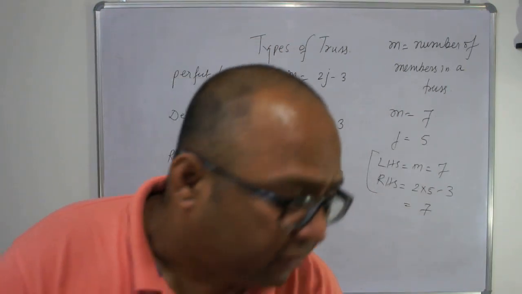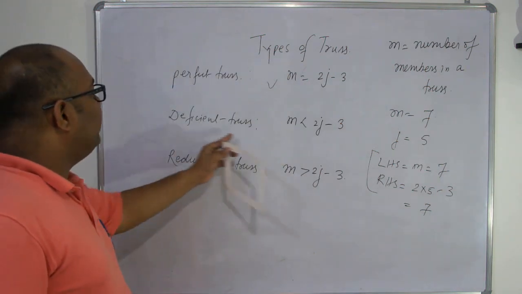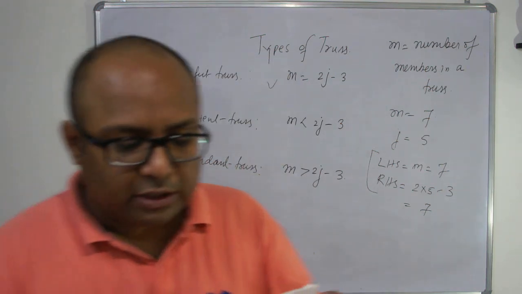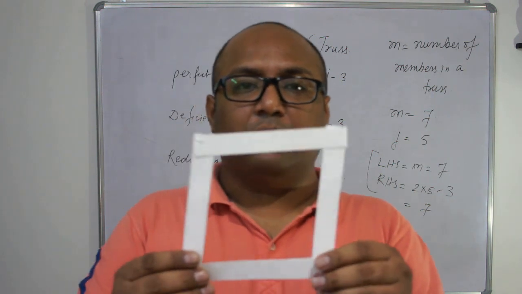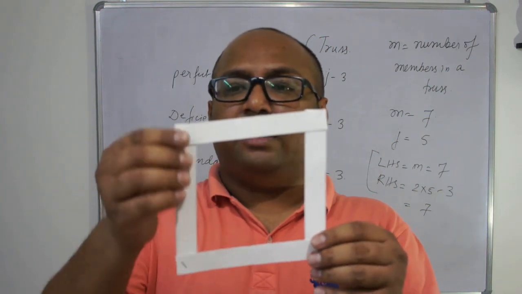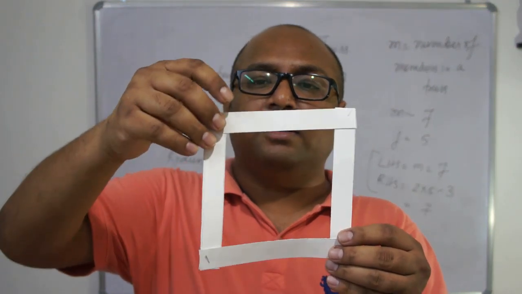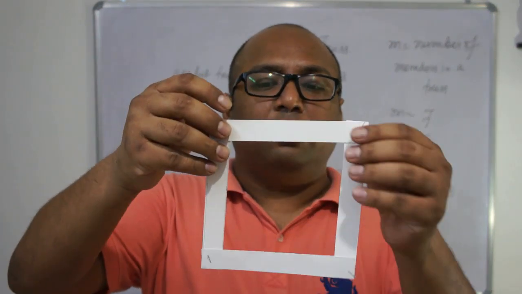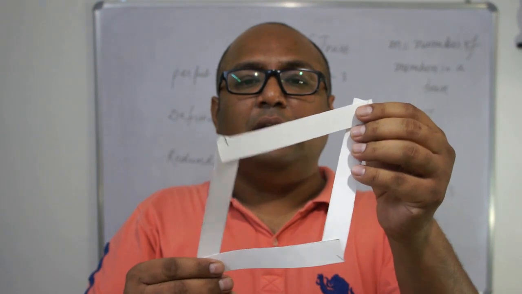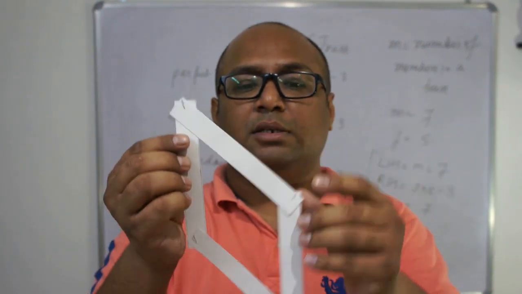The second type of truss is called deficient truss, and let me try to explain it with this example. If I take a truss of this kind and if I apply a force here, what will happen? You can see there is a chance of relative motion between the members.